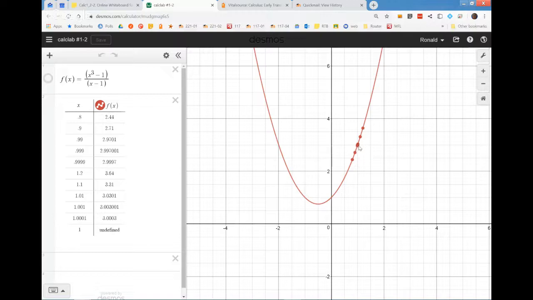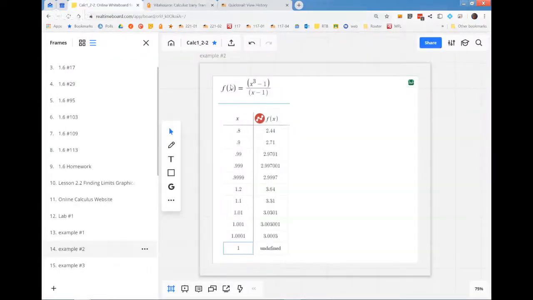But what you can't see on this graph, and by the way Desmos is really pretty good at this, is that there's a hole in the graph at 3. Why? Because you can't substitute in 3. So the left-hand limit is 3, the right-hand limit is 3, even though at 3 there's no value. So that's one thing that can happen.